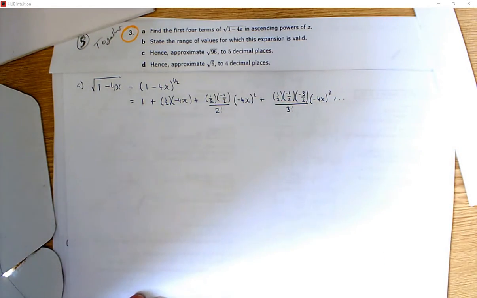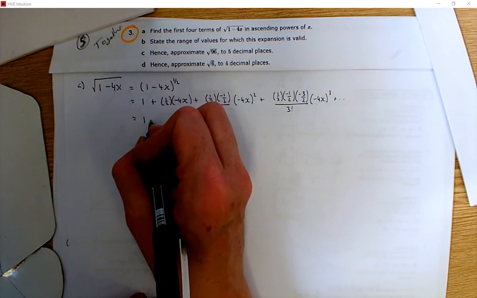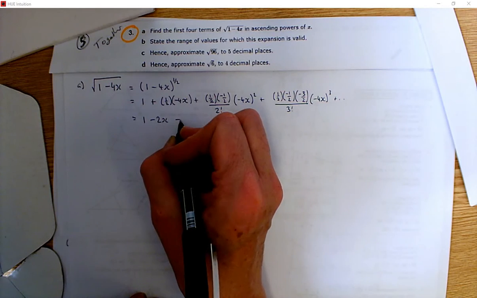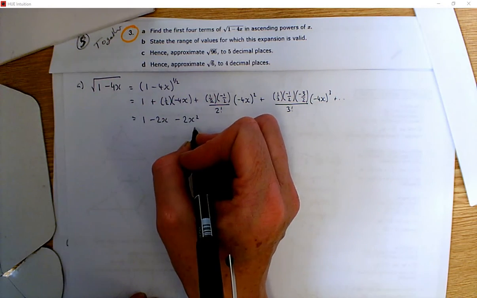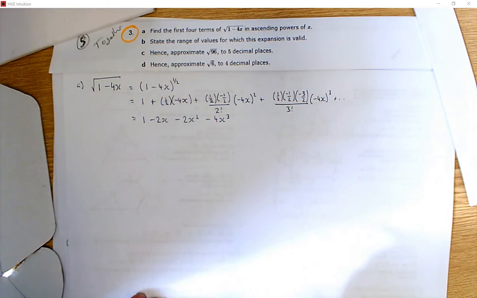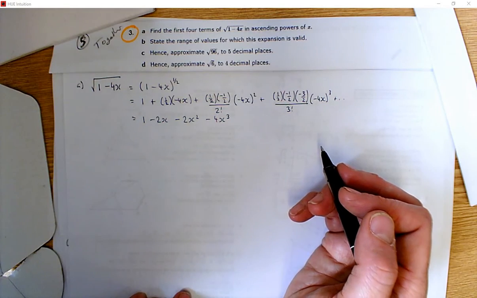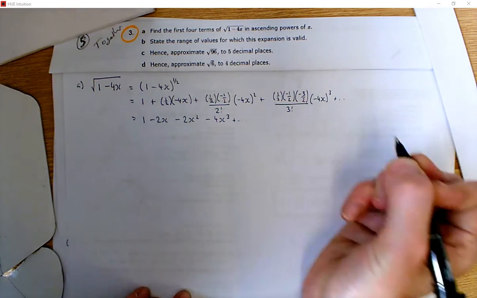Then if you do some careful tidying up of that, you get 1 minus 2x minus 2x squared and then minus 4x cubed. Remember you can use your calculator to type super carefully, make sure you've got everything in the right place, and then hopefully that will be fine.